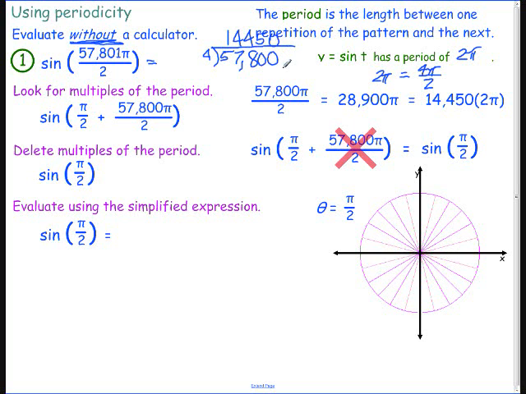Okay, so it is even with no remainder. So we can delete the multiples of the period. Now, this is a coterminal angle, pi over 2, which is right here, isn't it? It's a 90-degree angle.